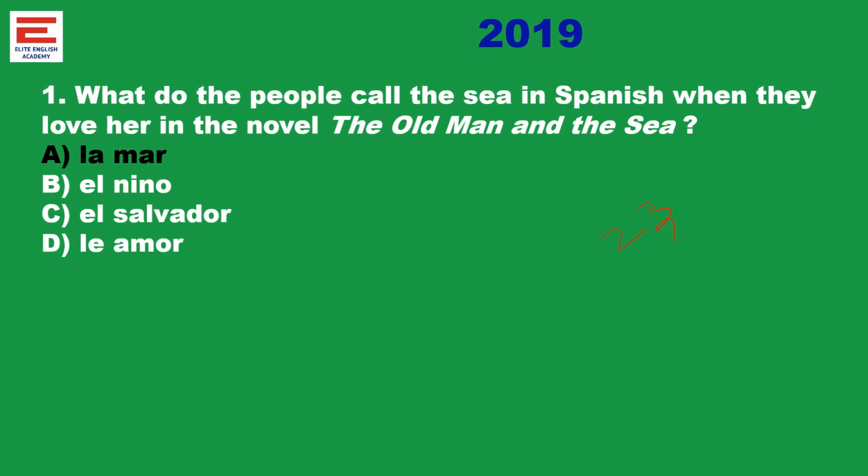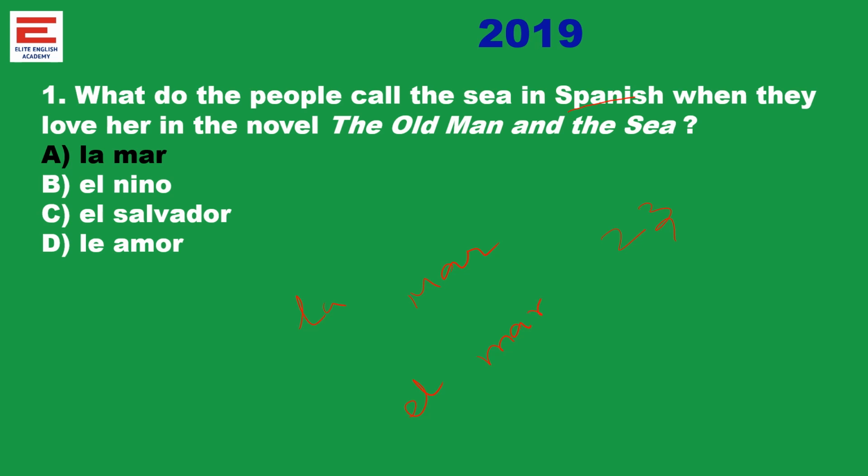So the language referred to by the writer here is Spanish. According to the book, on the same page number 23, two words are mentioned. First, as mentioned here, la mar. Second one, el mar.